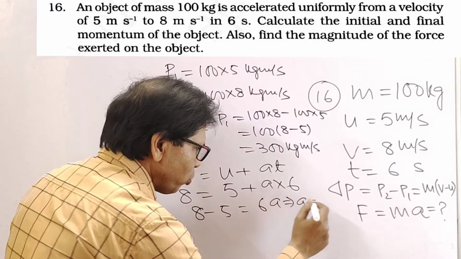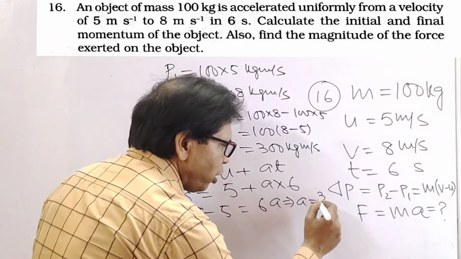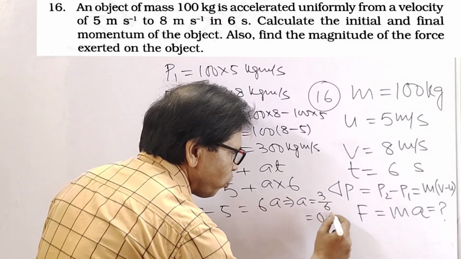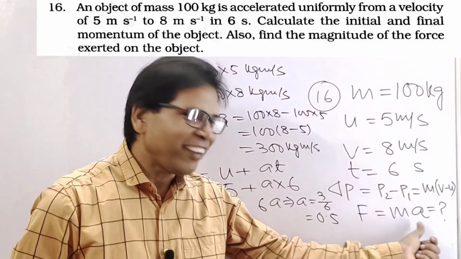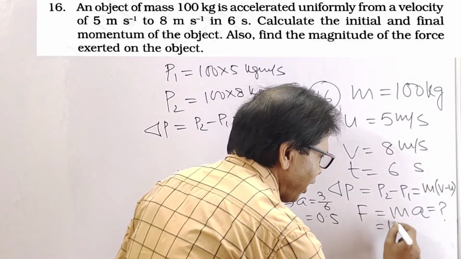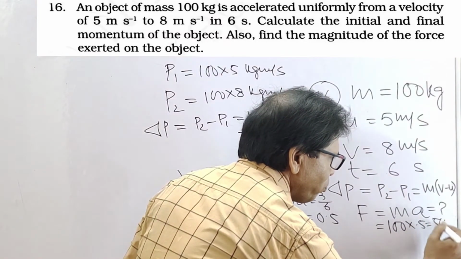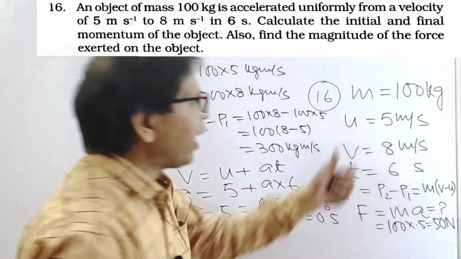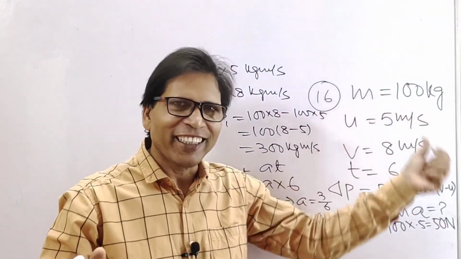Therefore A equal to 3 by 6, which is 0.5. So what is the force acting? Mass into acceleration. Here mass is 100 kg and acceleration is 0.5. So 50 Newton is the accelerating force acting on mass 100 kg.